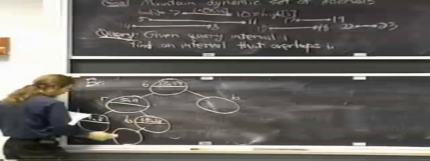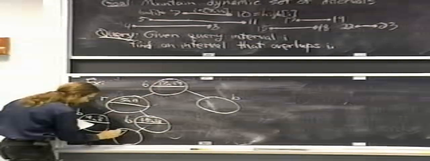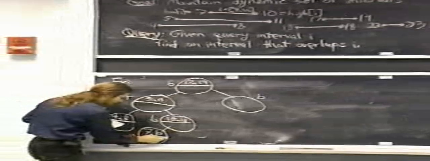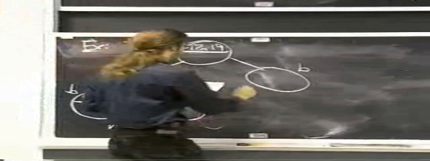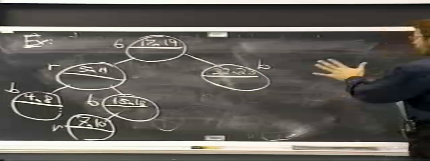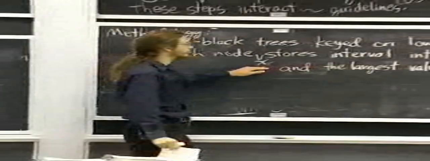So 15, 18 goes here, and 7, 10 goes down here. And the largest interval is 22, 23. Okay, so that's the basic structure without this additional m information. That's just storing the interval at every node, sorted by the low endpoint.